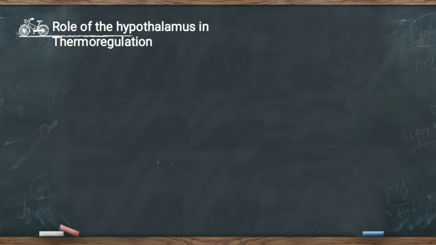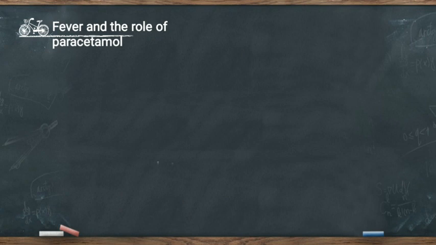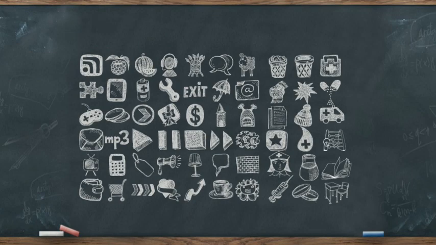Now let's look at the concept of fever. Fever is simply the sudden rise in the blood core temperature, and it is a defense mechanism. Okay, let's go back to the slide.